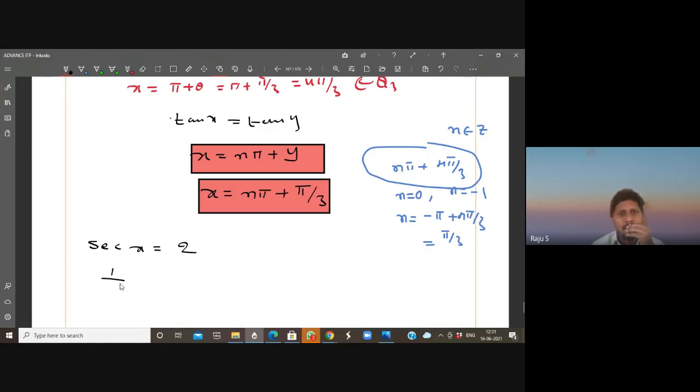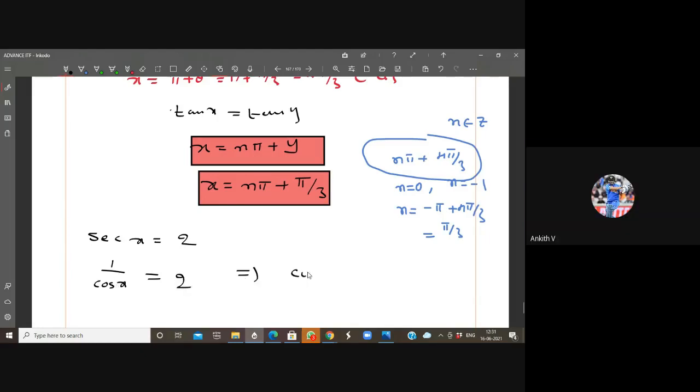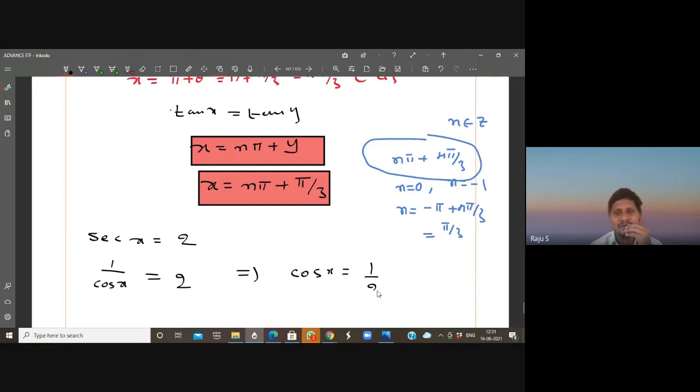Secant is 1 by cos x, so cos x is equal to 1 by 2. Is that okay?